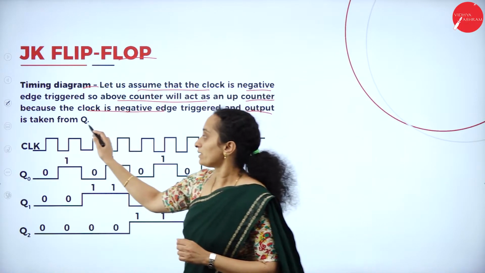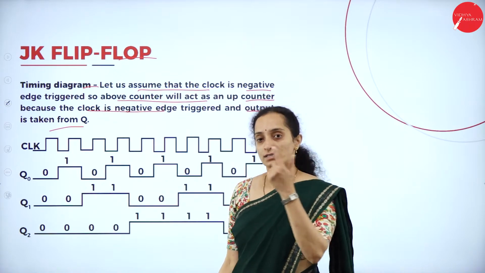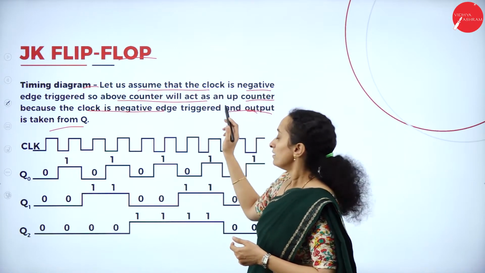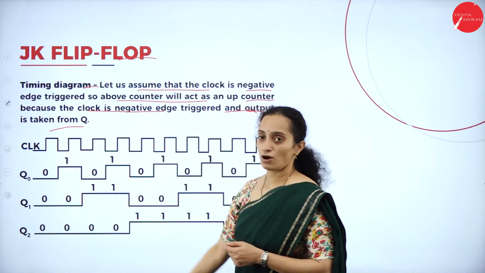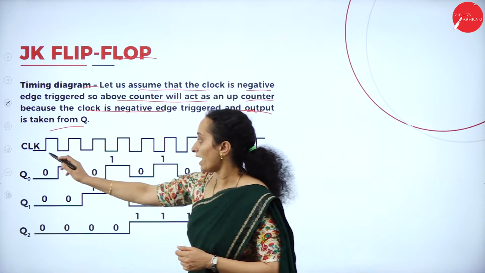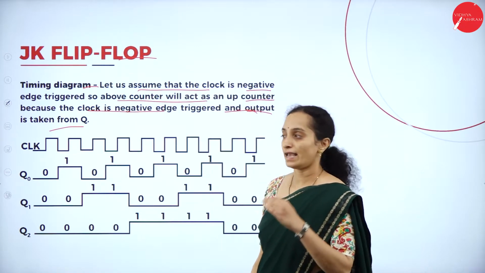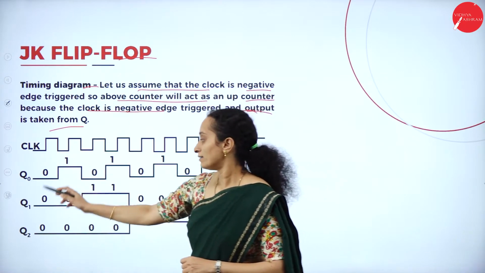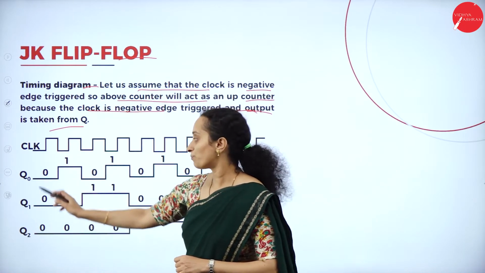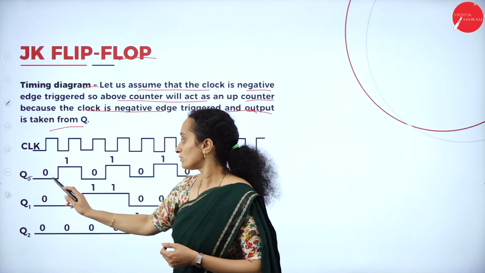The output is taken from Q. The previous value is provided, which is used to trigger the clock pulse. Here we have the clock with each low and high electric pulse. How does the output change? The pulse change in output value is Q0.